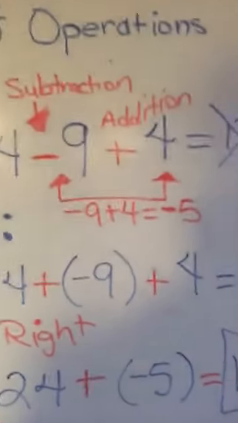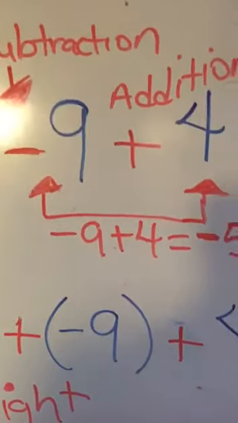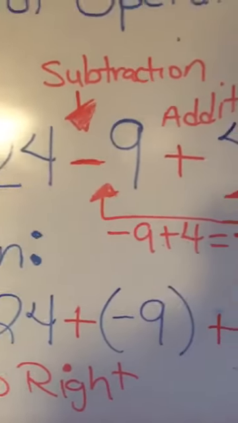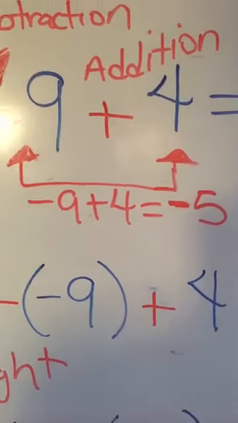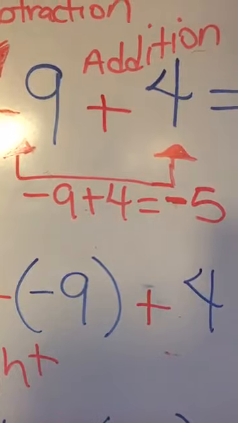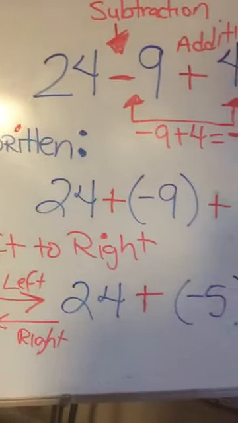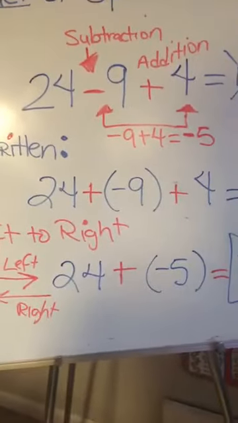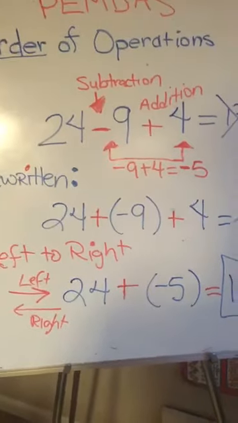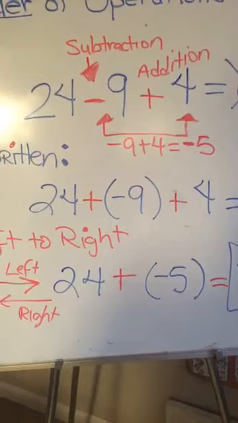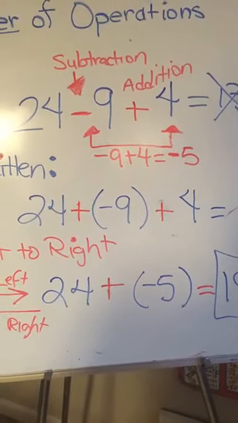Let me go back. I want to zoom in where it says 24 minus 9 plus 4. You can rewrite that and say negative 9 plus 4 is a negative 5. And when you rewrite it, it looks like this: 24 plus, you can put it in parentheses, minus 9 plus 4, okay?